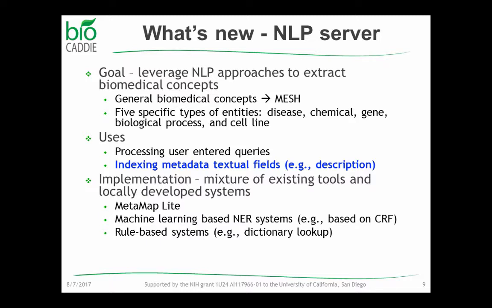We use NLP both for expanding the user queries, and also at the ingestion process, where we index the metadata text fields. The implementation of the NLP tool is a mixture of existing tools available in the community as well as our locally developed tools, mixing machine learning based named entity recognition systems plus rule-based systems, and other existing tools like MetaMap are also used here.